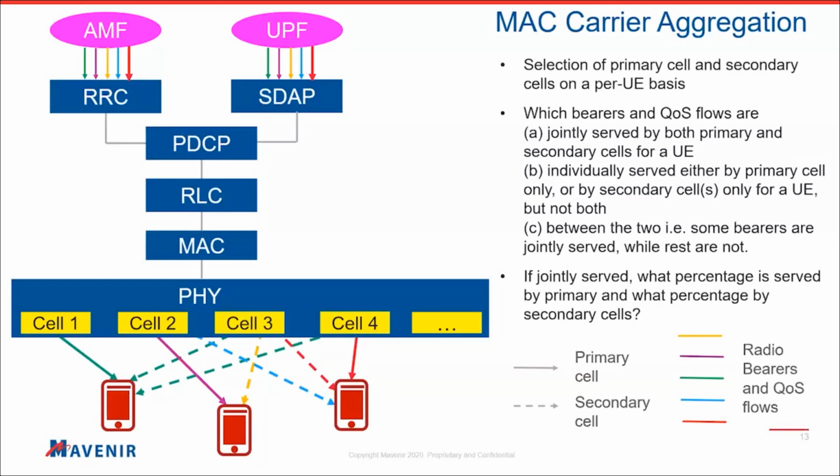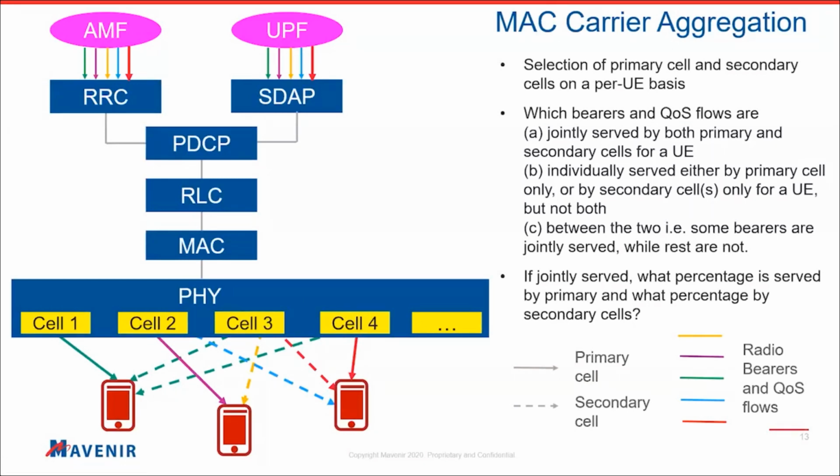Now, the green bearer is for user number 1, and it is being jointly served by cell 1, which is the primary cell, the solid line, and cell 3 and cell 4, which are the secondary cells for user 1, in dashed lines. All 3 cells are jointly serving data radio bearer 1.